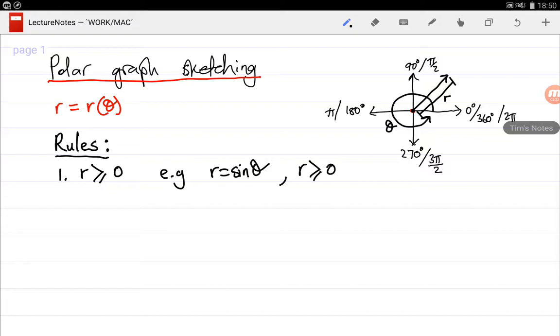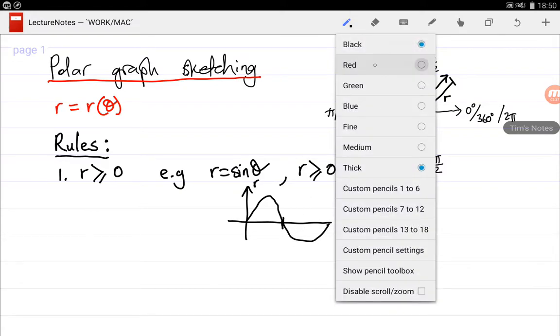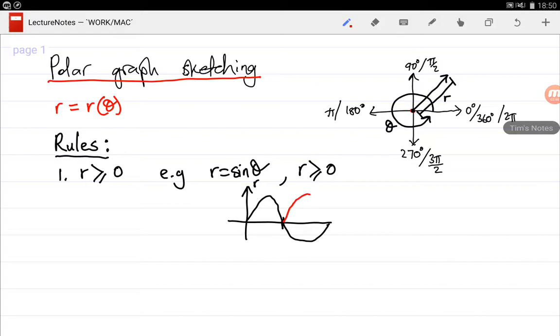So for points after theta equals pi, we cannot have r be negative. It has to be positive. So in that case, we'll have to move this function up here so that our r is always positive.